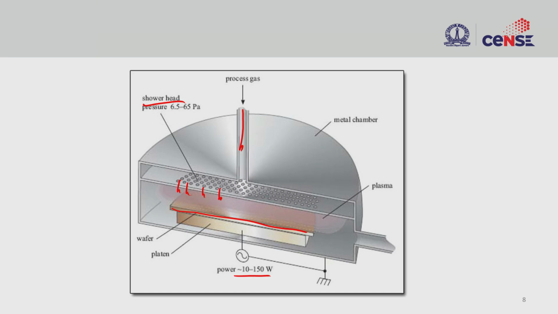And this is the chamber body I was talking about, which is also grounded, and the plasma is created between the top plate that you see here and the bottom plate, or the power plate, and the wafer will be kept here. This is how the configuration is done. The gases enter through this and then they exit through this.